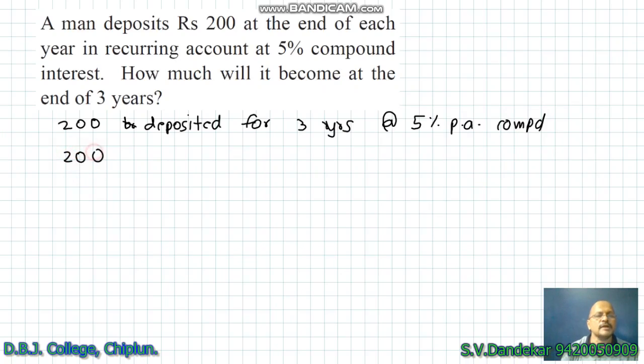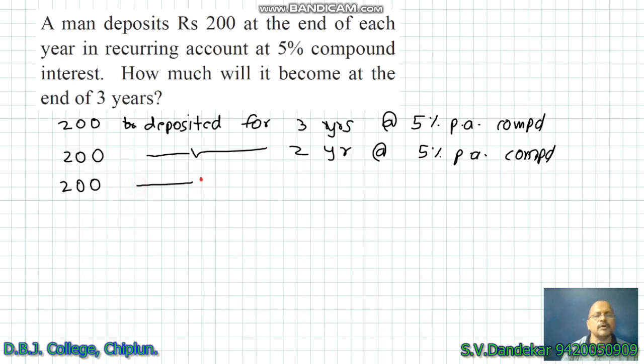Next, 200 deposited for 2 years at the rate 5% per annum compounded, and again 200 deposited for 1 year at the rate 5% per annum compounding interest, because the man deposits rupees 200 at the end of each year.